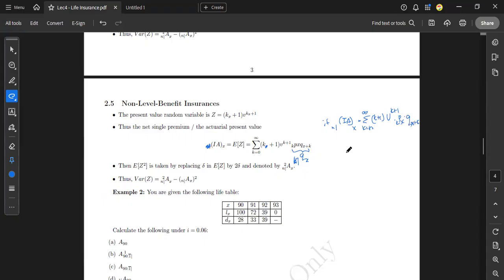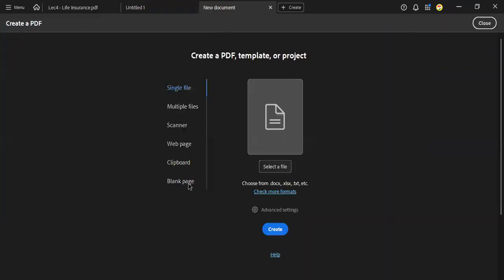So that's the equation. And when it comes to the second moment, we replace delta by 2 delta and do the calculations accordingly. So that is the story of this discrete random variable, which is called the curtate random variable.